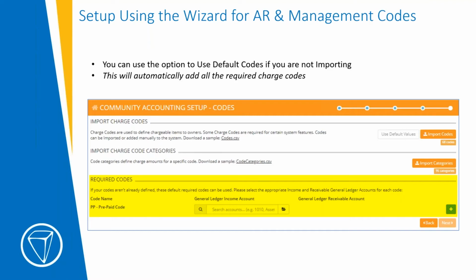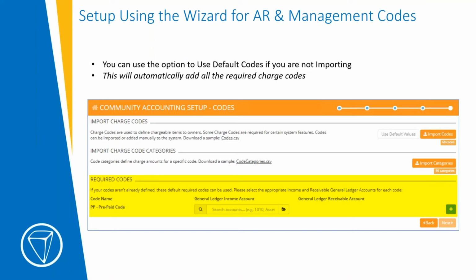All right. So after you save your bank, the next screen is going to ask you to set up your codes. Now, obviously, a lot of us don't have codes going into a new community, or you don't have an import file for codes. In that case, you're simply going to use default values again. If you're not importing, you just use default values.